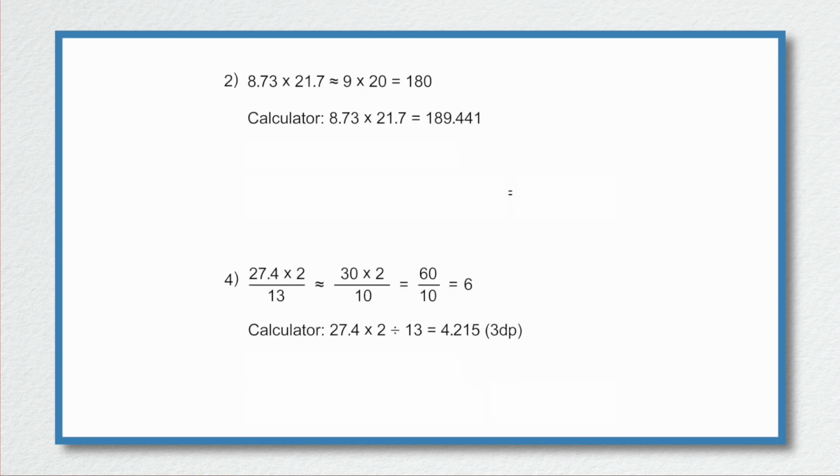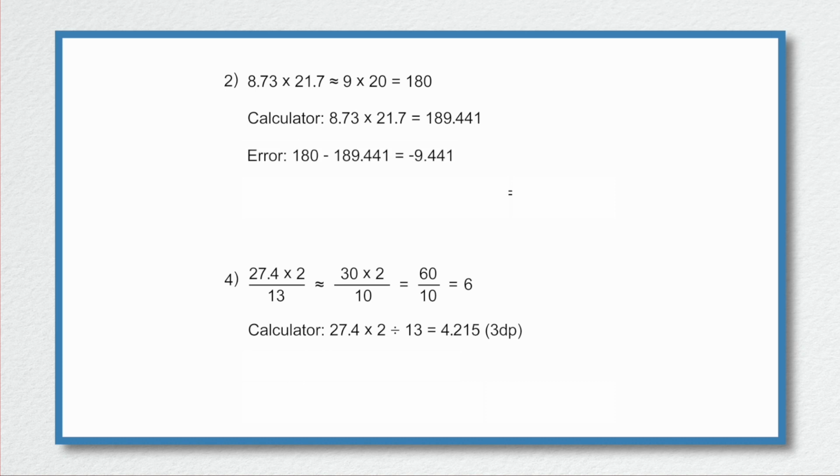If we look at question 2 as an example, we have an estimate of 180 and the actual answer is 189.441. So it looks like a pretty good estimate. Well, let's work out the error for this particular calculation. The error is, of course, the rounded number subtract the actual value.